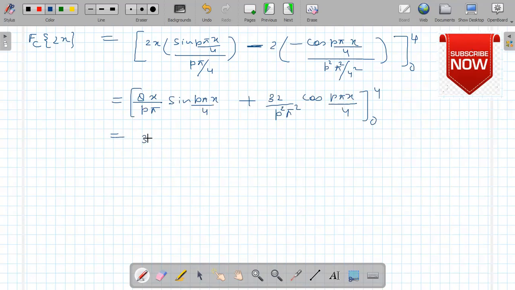It is equal to, at the upper limit, we replace x by 4, so 32 upon pπ sin(pπ), plus 32 upon p squared π squared cos(pπ). At the lower limit this will be 0 and this will be 32 upon p squared π squared.